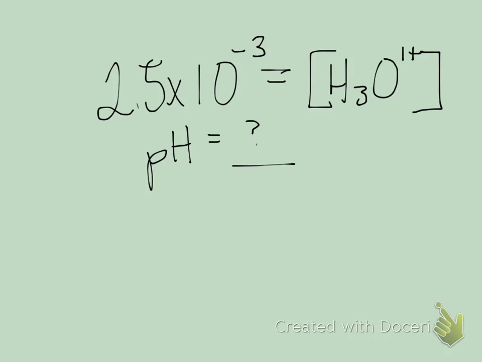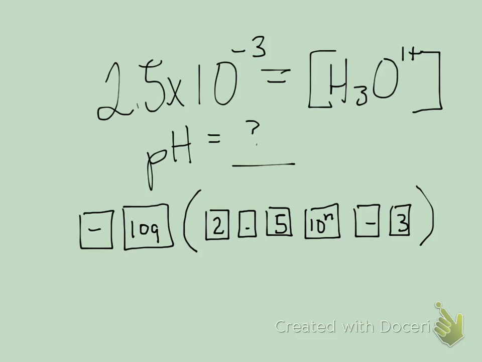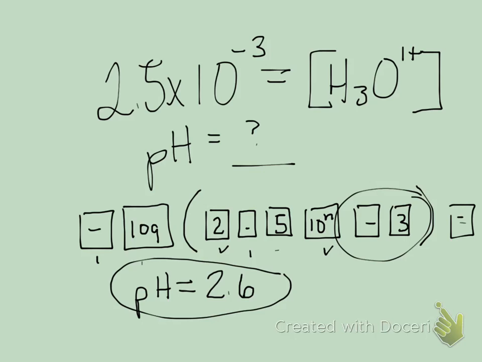Got to use your calculator, and you're going to enter the following sequence of buttons. Okay, so you're going to hit negative log. It'll pop up some parentheses for you. Enter 2.5. Use the 10 to the n button. Enter your power. If you're using the school calculators, you then have to use the little arrow key to allow you to close the parentheses. Close the parentheses and hit your enter or your equals button. And what do you get? Okay, so that gives you a pH of 2.6.